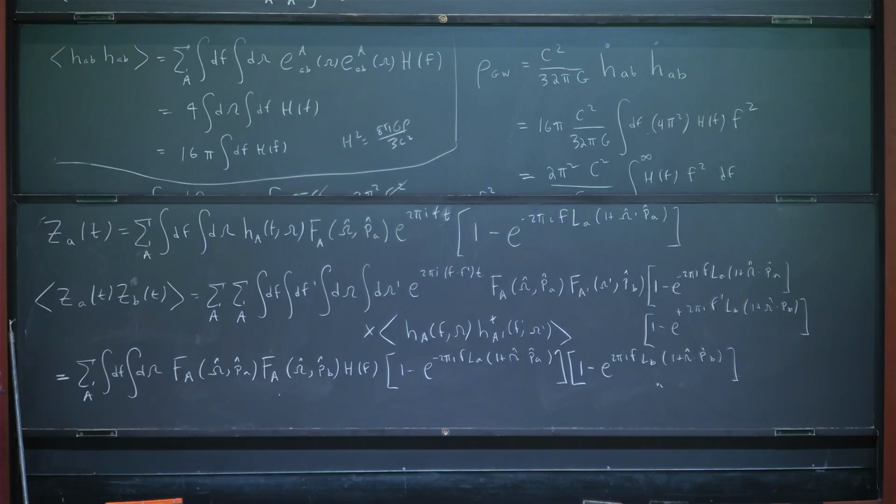The way to think about this, ZA of t is kind of related to the plot that I have here. That's a time series, right? It's defined at all times. It's how much earlier or later the pulse arrives than its expectation from a regular clock, okay? And again, you have to imagine that you have many different universes. In each one, you're given h of f and omega. That means you can calculate everything.